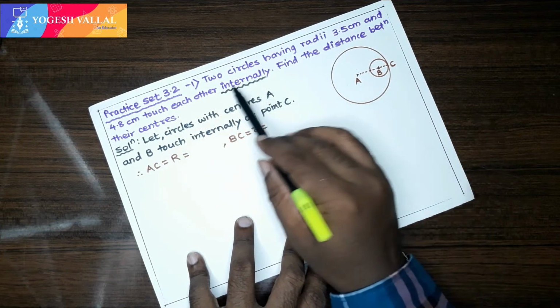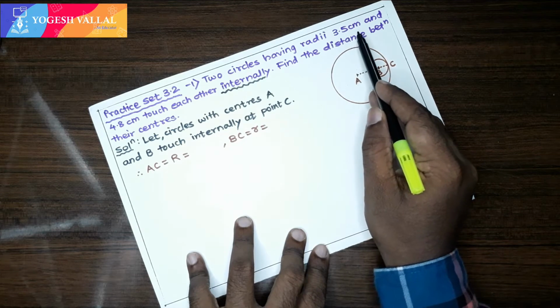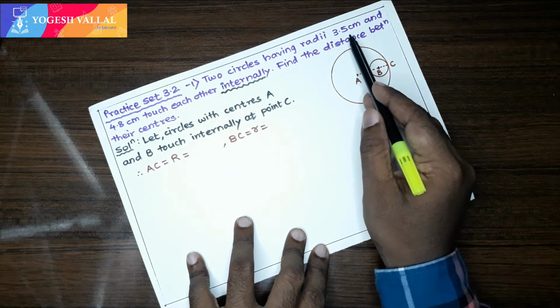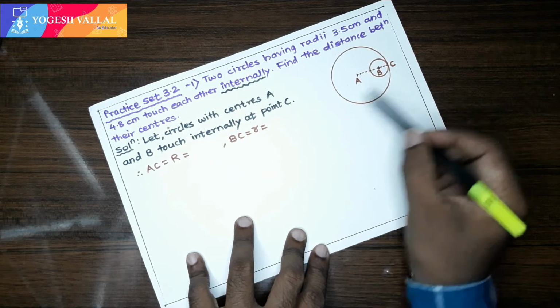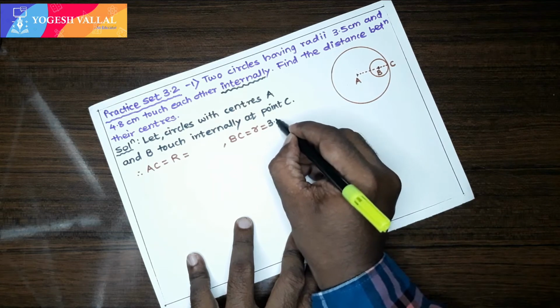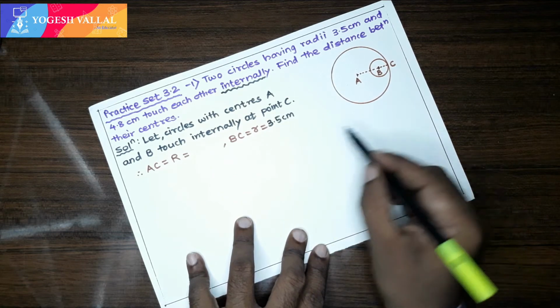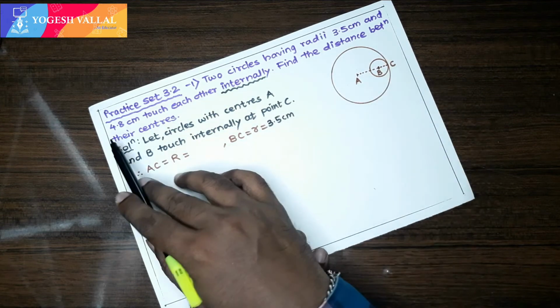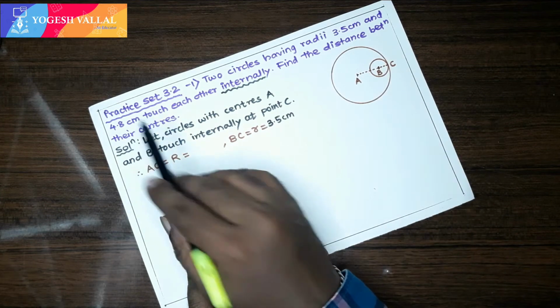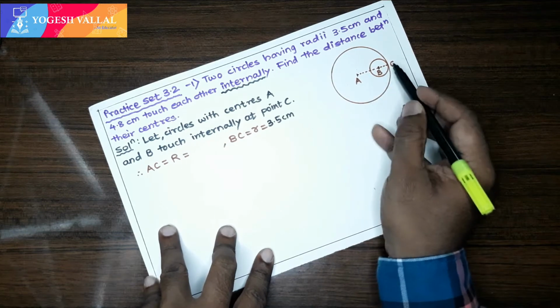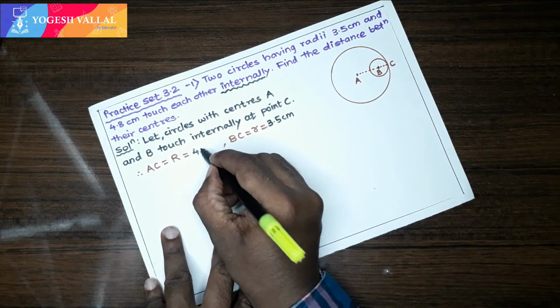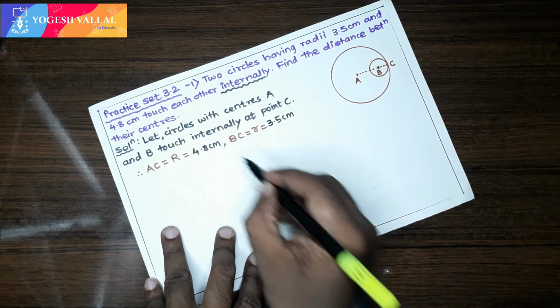What we have been given is two circles having radii 3.5 centimeter, which is smaller, that is BC will be 3.5 centimeter, the radius of the smaller circle, and the radius of the bigger circle is 4.8 centimeter, and it will be AC, capital R, 4.8 centimeter.